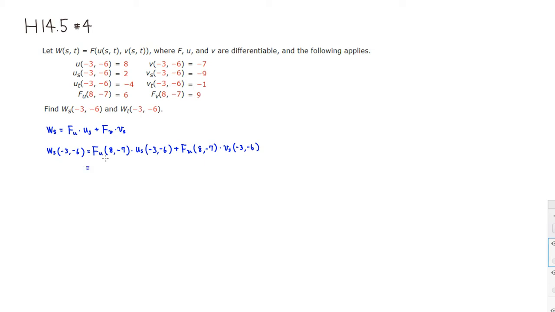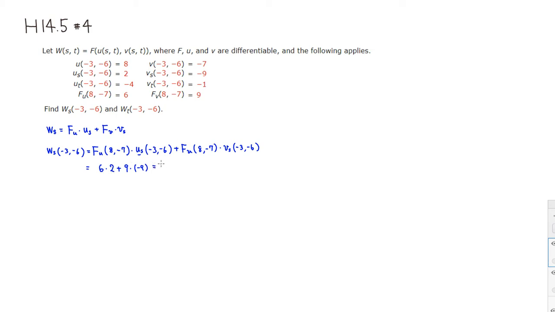So f sub u at (8, -7) is 6, multiplied by u sub s at (-3, -6), which is 2. Plus f sub v at (8, -7) is 9, multiplied by v sub s at (-3, -6), which is -9.